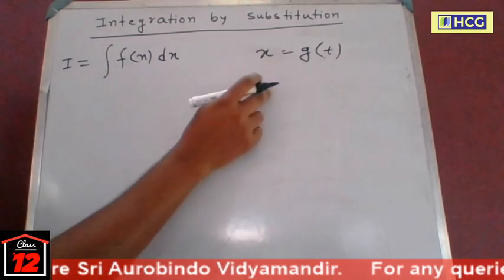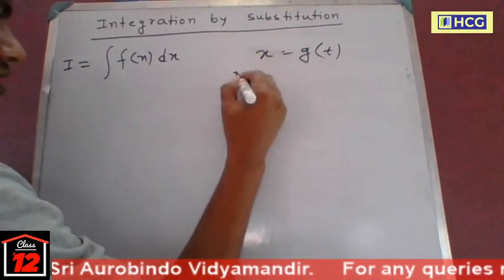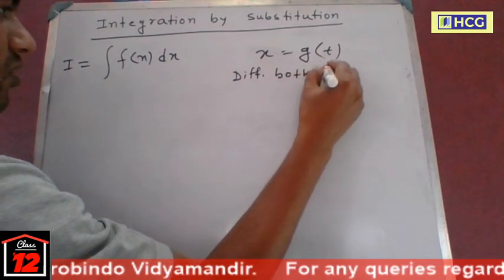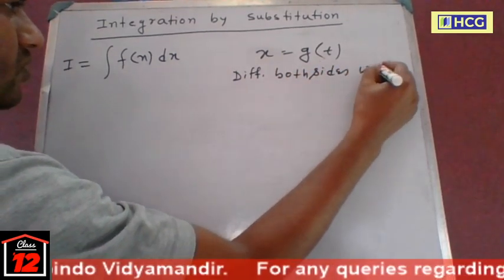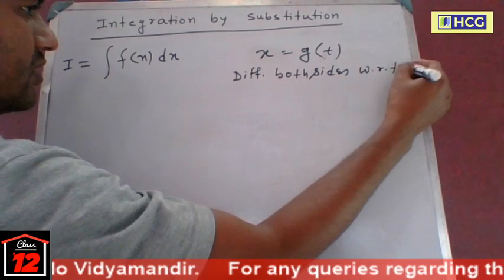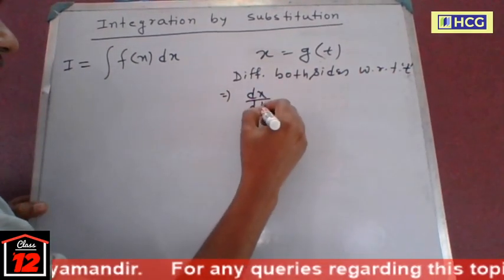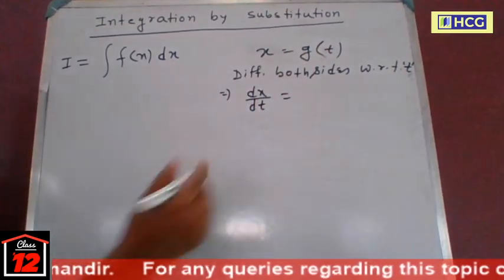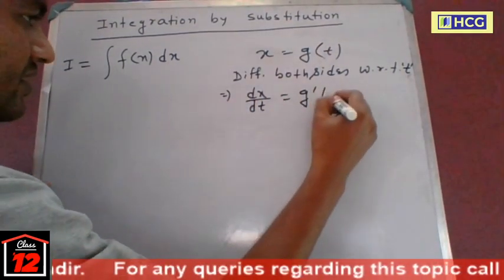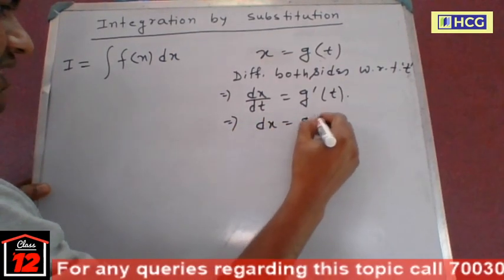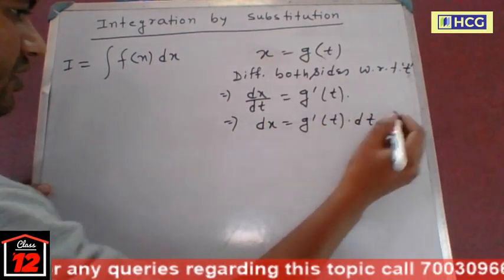Now differentiating both sides with respect to t, this is dx/dt, and the derivative of g is g dash t. So dx equals g dash t into dt.